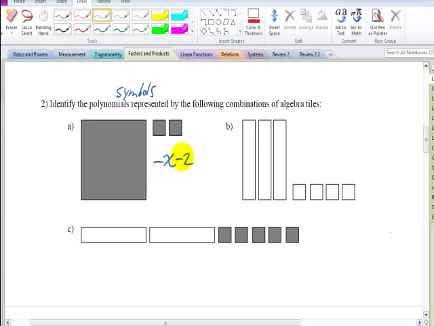Good, negative x squared minus 2. What have you got for B? B, any volunteers? Haley? 3x plus 4. Good. And C, Dion? 2x minus 5. Good. Any questions? All right, turn it over.